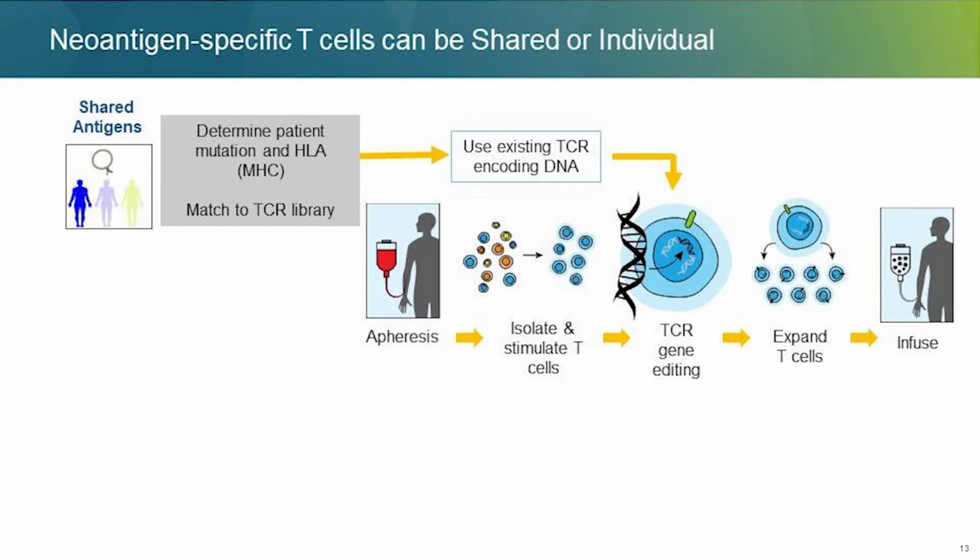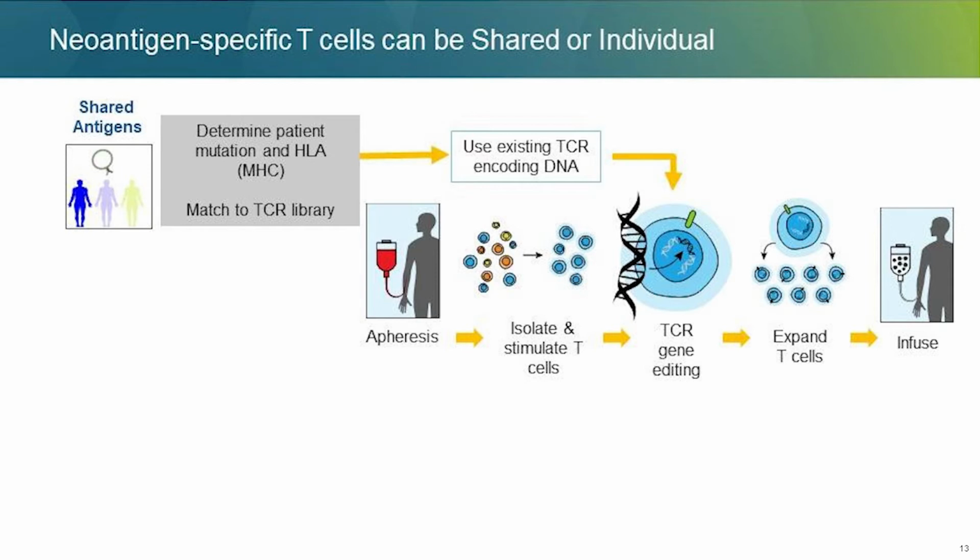It seems that these driver mutations are not very immunogenic, but if we can find, by screening thousands and thousands of TCRs, a TCR with the appropriate characteristics, then we can generate a TCR library. And so from there, once we have determined that the patient is expressing the mutation and also has the right HLA, it's easy to match this patient to the TCR library, and use the plasmid encoding for these TCRs to engineer the T cells.